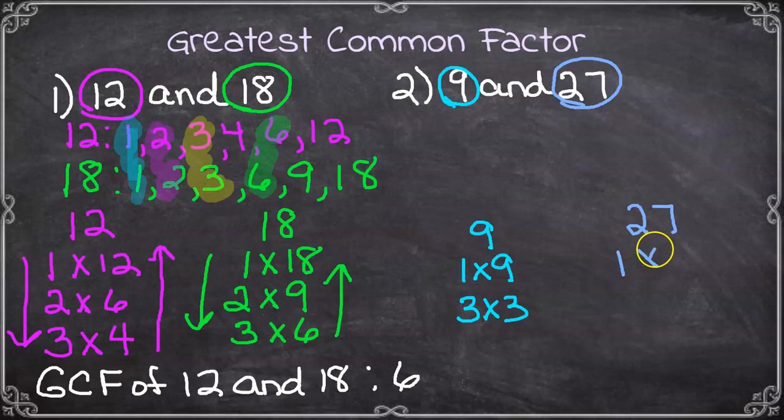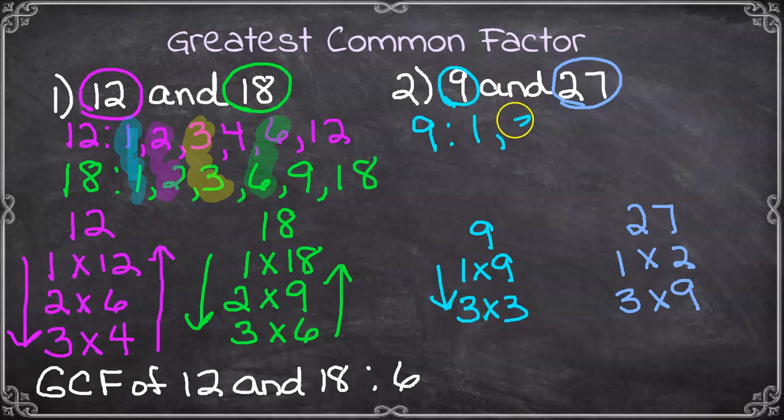I have 1 times 27. It's not even, but 7 plus 2 is 9. 3 will divide into that, so I know 3 times 9 is 27. Let's see, do I have any other numbers that will divide into 27? It would have to be between 3 and 9. 4 won't go. 5, 6, no. 7, no. And 8, no. So my factors of 9 are 1, 3, and I don't have to list the 3 twice.